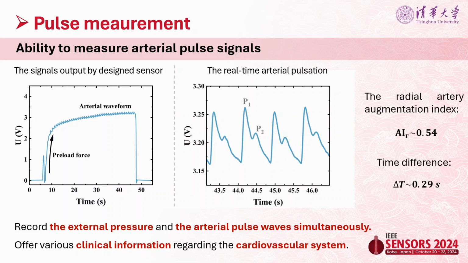According to the waveforms, various clinical information regarding the cardiovascular system can also be obtained, such as the radial artery augmentation index and time difference. In our test, some calculated results are compatible with scientific data online.